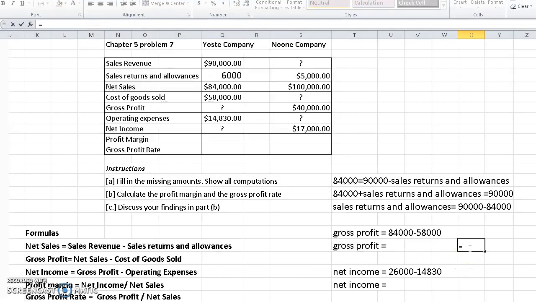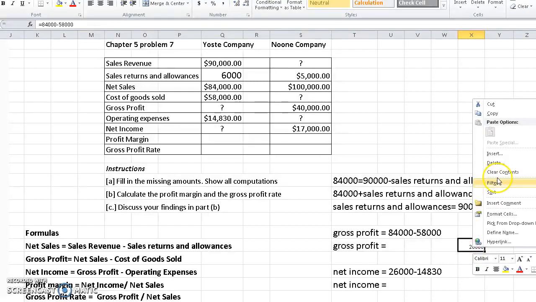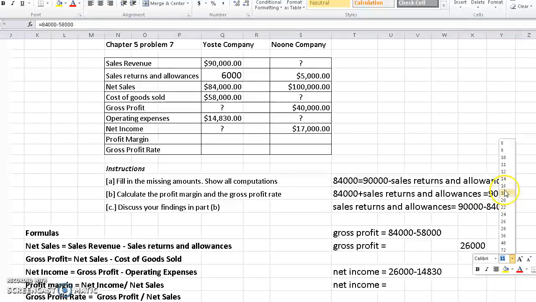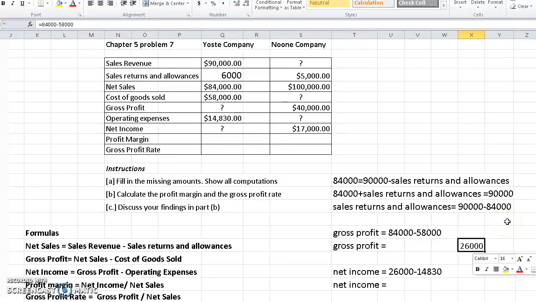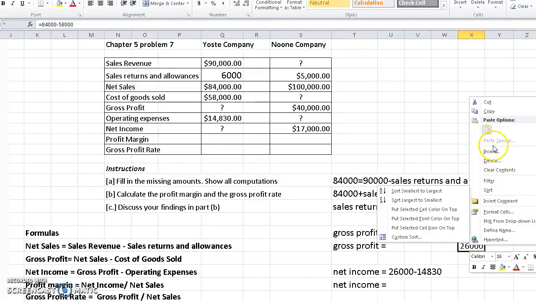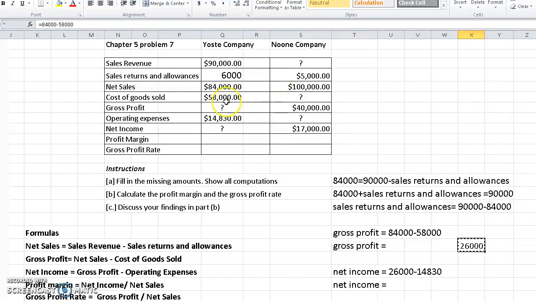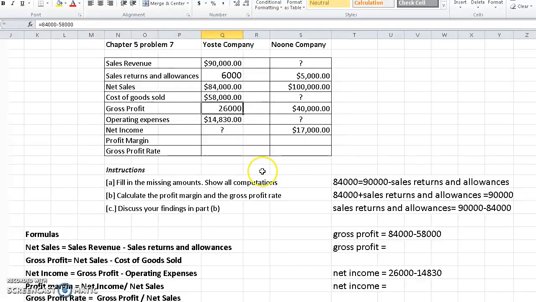Again, just hit equals 84,000 minus 58,000. And again, we'll make that a little bigger. And there's our answer, $26,000. Again, we're going to cut that. Come right here, and we'll paste it.